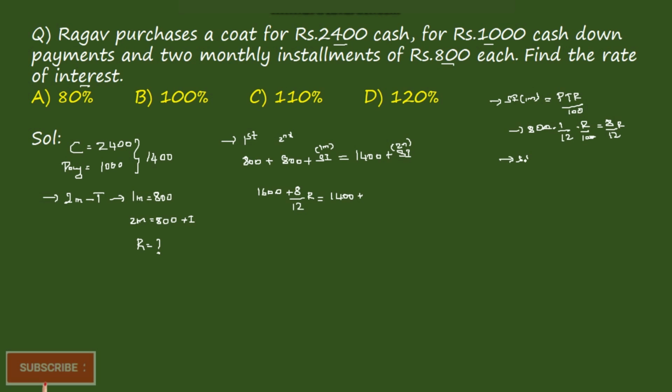The simple interest for 2 months is principal 1400, time 2 months which is 1 by 6, into R by 100.